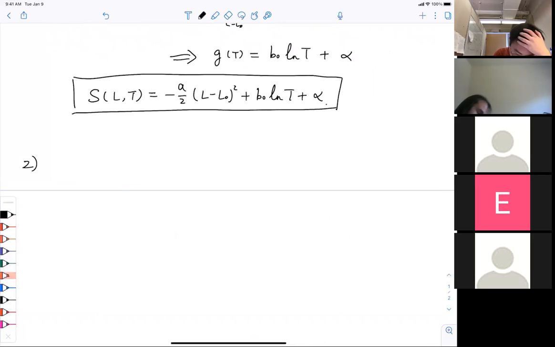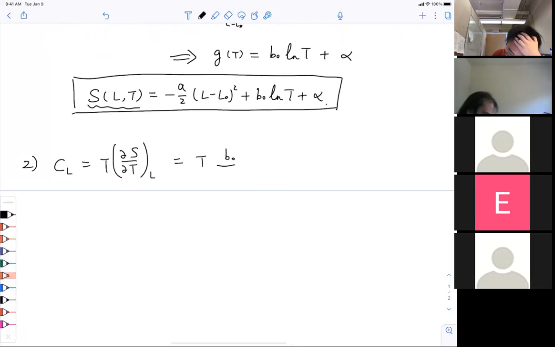We can calculate this C_L since we already know the entropy, just according to the definition, T times partial S partial T, which gives us B naught. So it's still B naught for all L. That's part B.